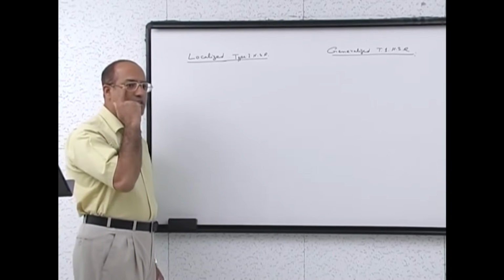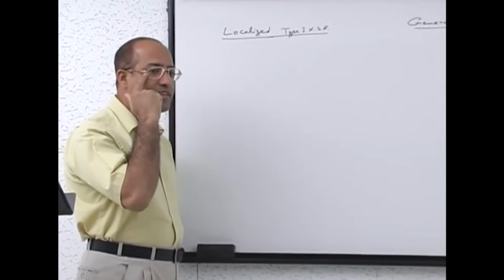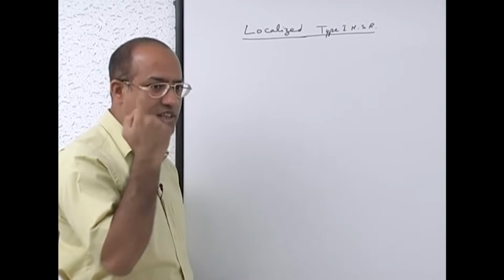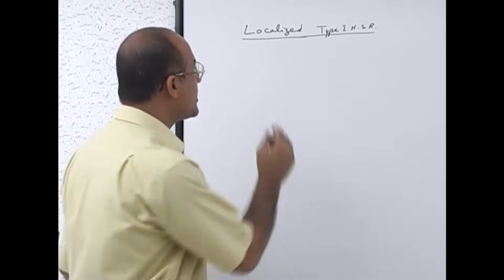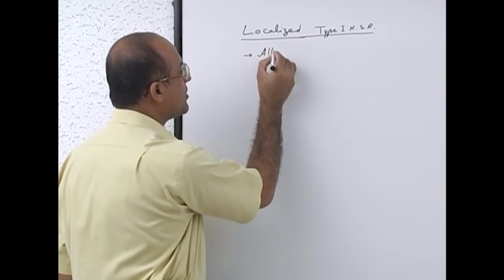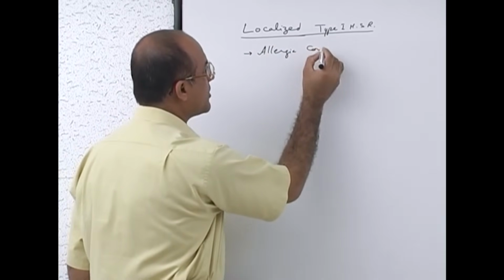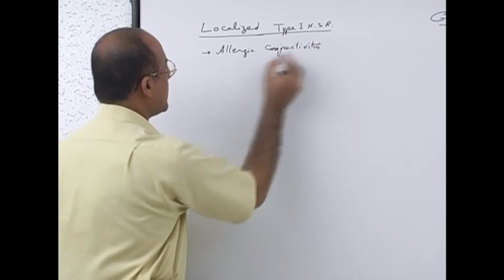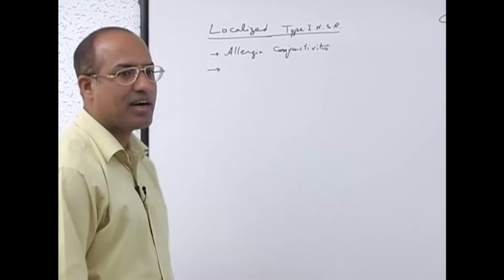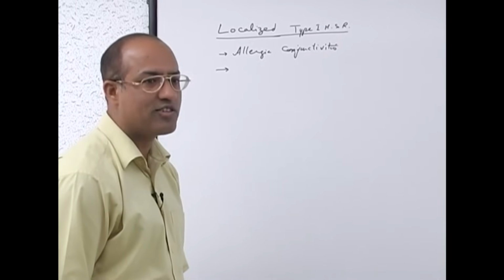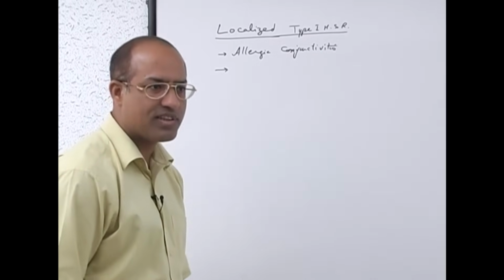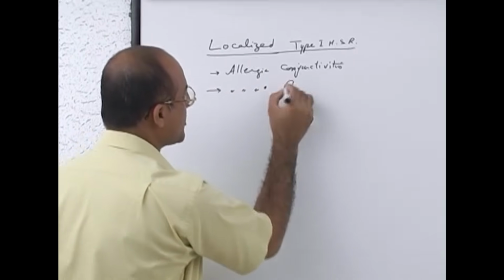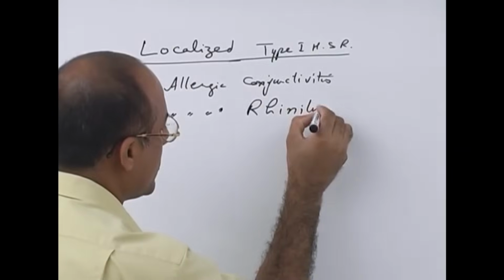If you are having, let's suppose, anti-allergen IgE on the mast cells present in the conjunctival mucosa, then you will develop allergic conjunctivitis. Some people have IgE loaded mast cells in the nasal mucosa against the allergens, and if they are inhaling the allergen, they will develop allergic rhinitis, right?